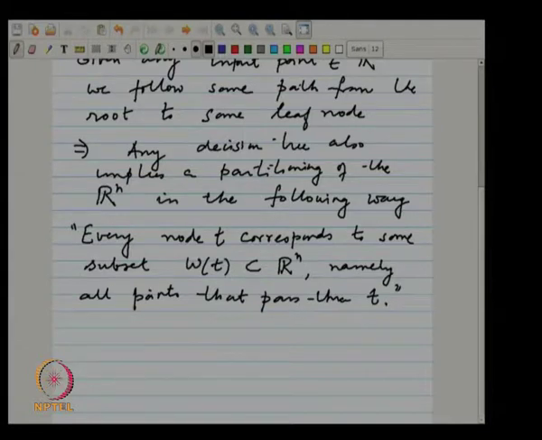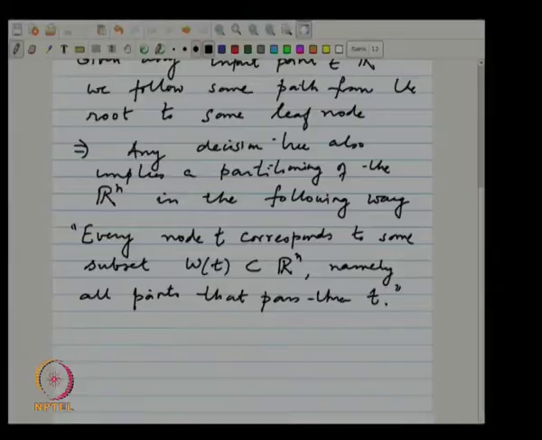So, whenever I have any decision tree based algorithm where the basic primitive is taking a linear inequality and finding out whether it is greater than or equal to 0 at any node, whichever points pass through that node, we say that this node is associated with that subset of R sub n, W of T I am calling it.